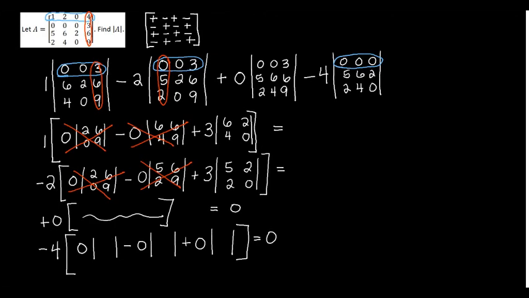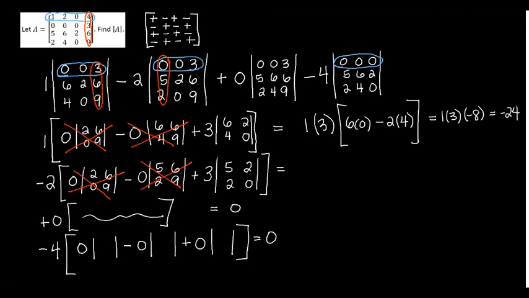And I've reduced this down now to 1 times 3 times the determinant of 6, 2, 4, 0, which is the main diagonal minus the second diagonal. This gives me 1 times 3 times negative 8, which is negative 24.